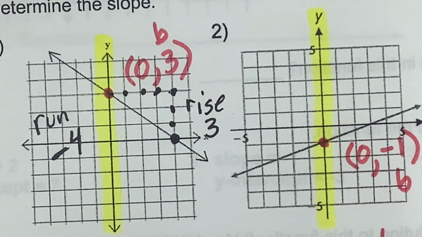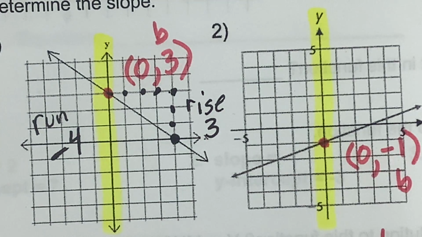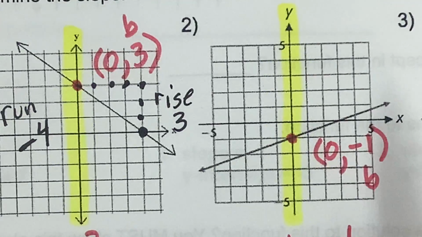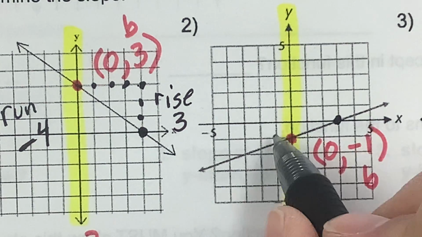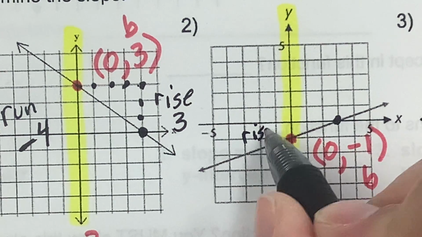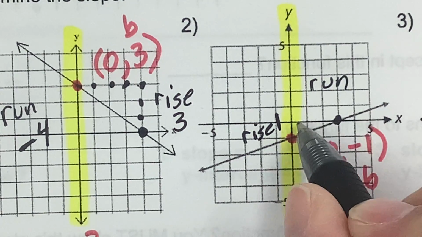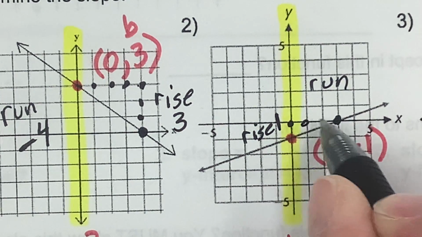All right, let's look at the next one. Here's a good point right here. So my rise is 1, and my run is 3.